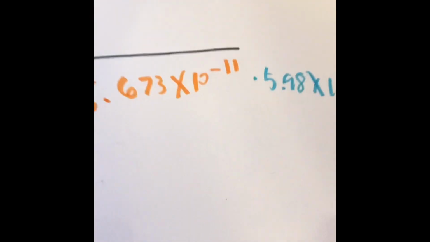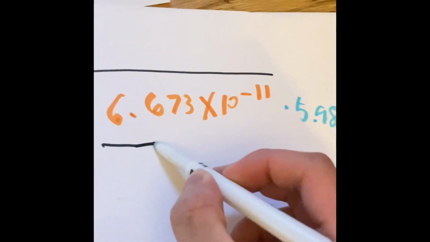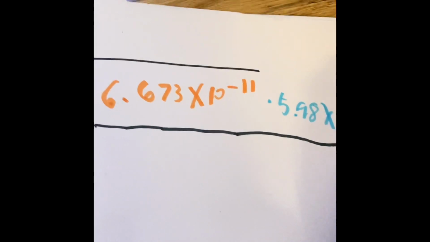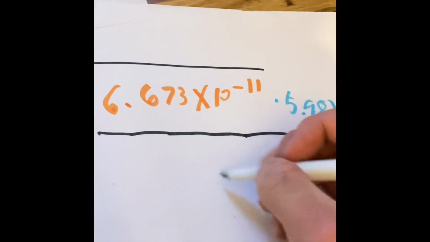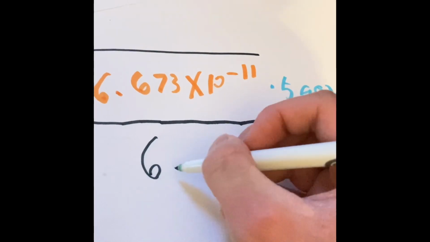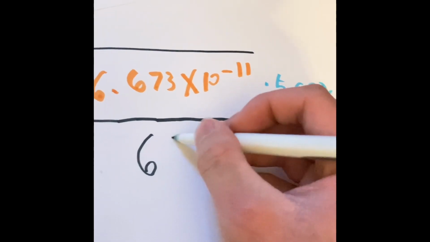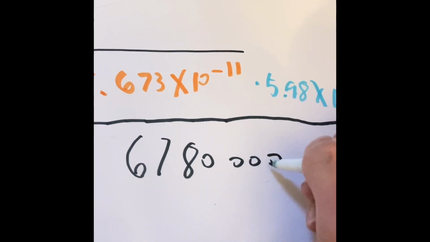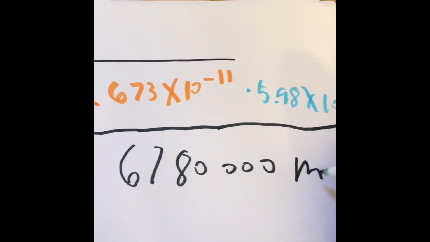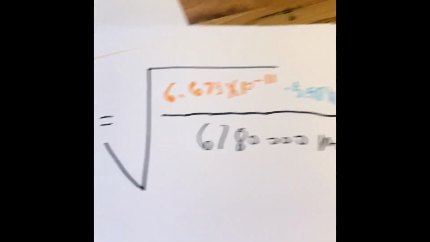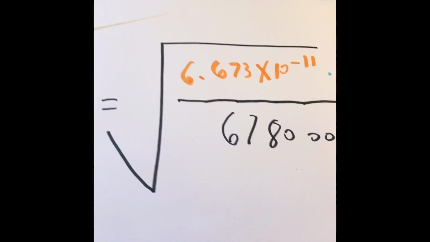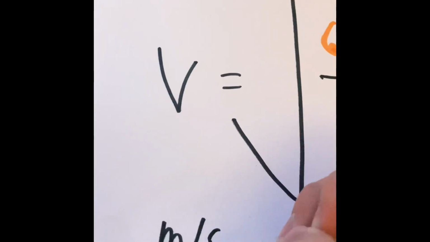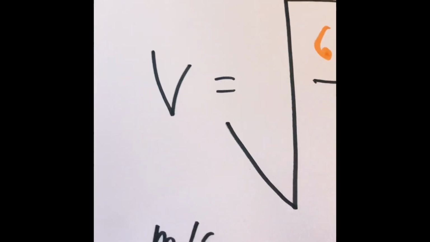Then we divide by the distance between the Earth's central core and the space station, which is 6,780,000 meters. When we do that and square root it, we'll get our velocity in meters per second. How fast is that space station going?